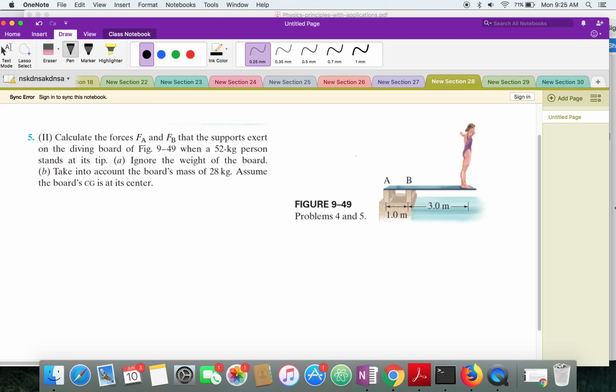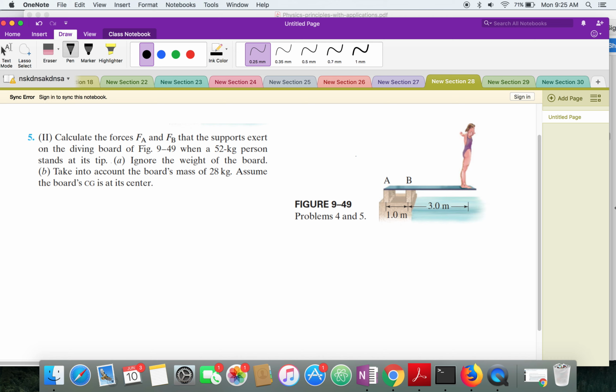So we have this situation here. This is figure 9.49. Number 4 is one of your assigned homework problems, but this is number 5, and this relates to the same figure. It wants you to calculate the forces Fa and Fb that the supports exert on the diving board.